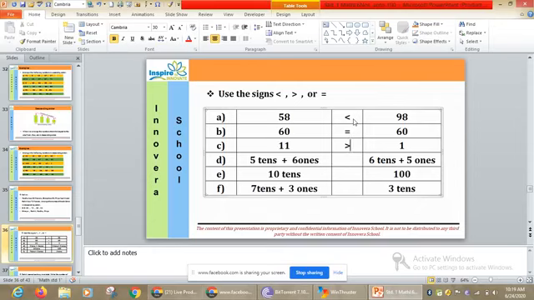So which is the bigger number here? 5 tens 6 ones means 56, and 6 tens 5 ones means 65. So which will be the bigger number? 56 or 65? The bigger number will be 6 tens and 5 ones.